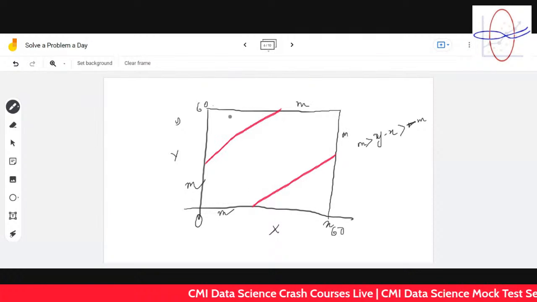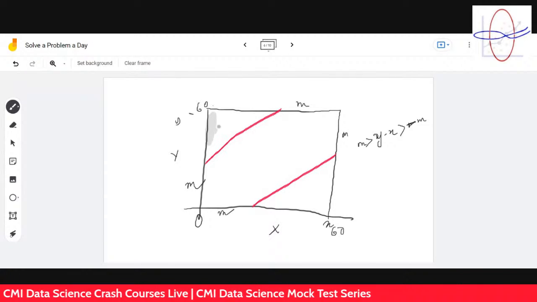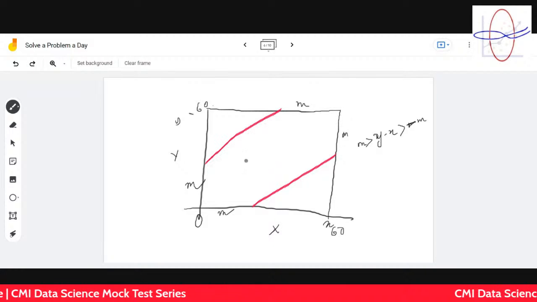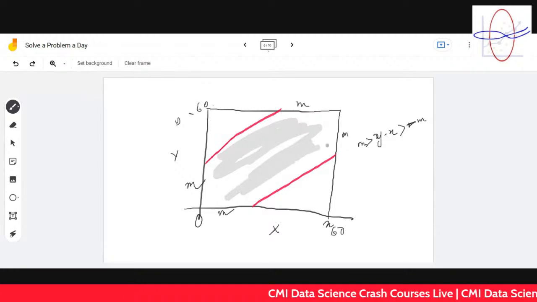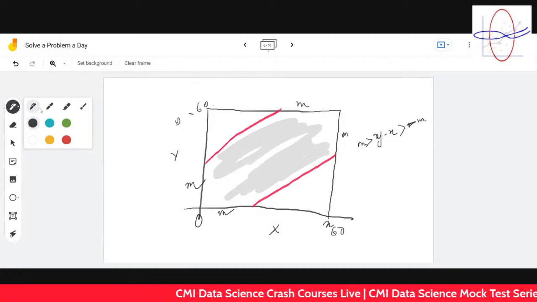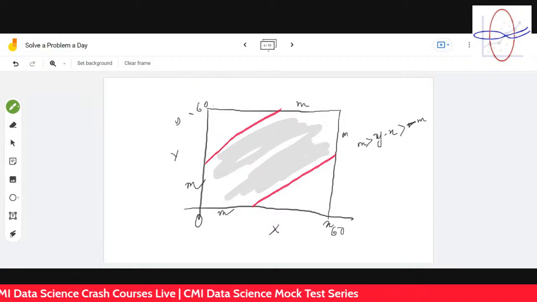So you can easily understand you have to find the area of this region. Very bad at coloring, I see. So we will do complement area counting.